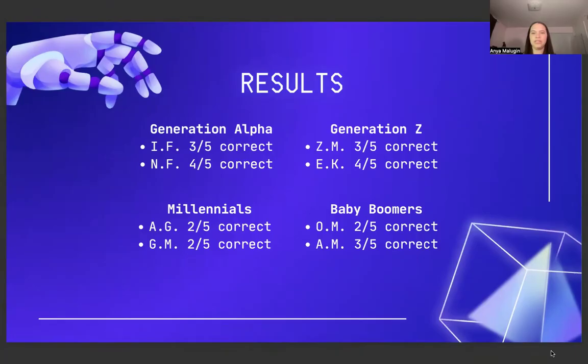Gen Alpha and Gen Z both scored exactly the same. The millennials, as you can see, had the lowest score of the four generations, which I was actually surprised by. And then the baby boomers did just a little bit better than the millennials, but they also struggled a bit.